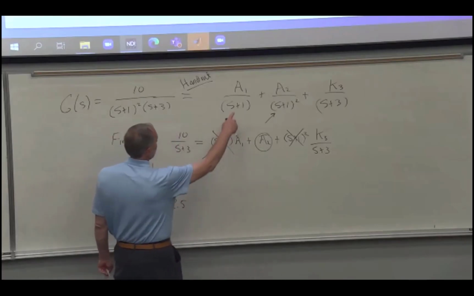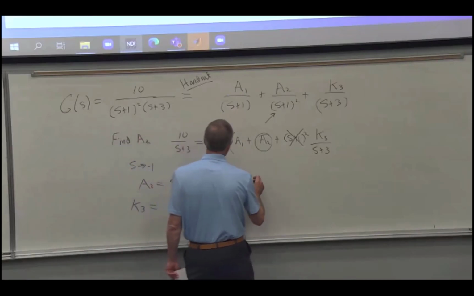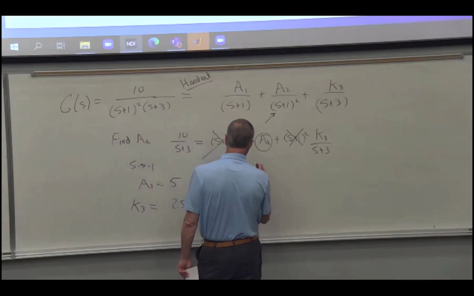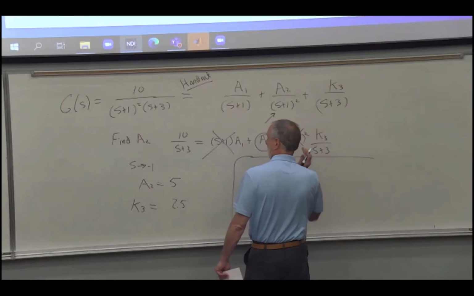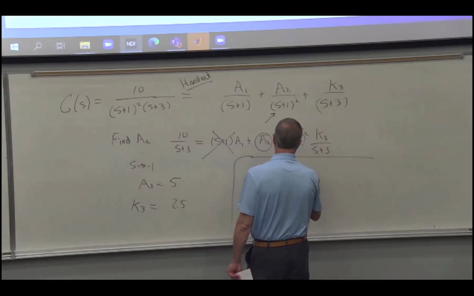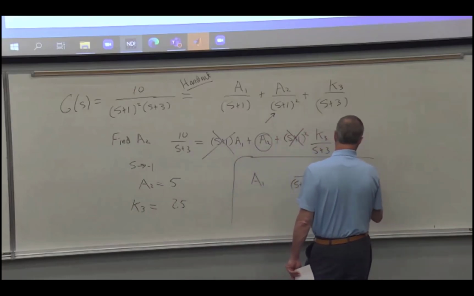But when you go to get this one, we're multiplying by S plus 1. And what do we get for that? So we're going for A1 now over here. So multiply both sides by S plus 1, and you get 10 over S plus 1. There's still part of that there. Looking good so far.